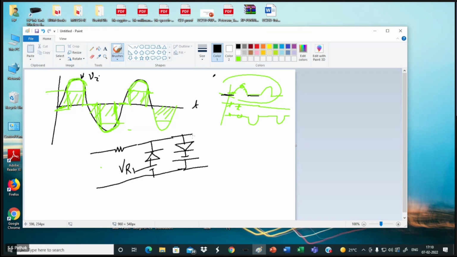So this will give me this kind of cutoff. Now when I take the output here, both of them are joined. So output cannot be two valued at any time instant. Okay, so this is my VR2, and this is my D2, this is my D1, and this is my R.